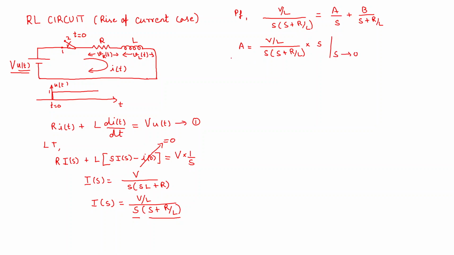This is how you find the value of A. Here the s gets cancelled, and when s tends to 0 the other term becomes 0 and goes off. V by L divided by R by L is nothing but V by R, as the L gets cancelled. So A is equal to V by R.